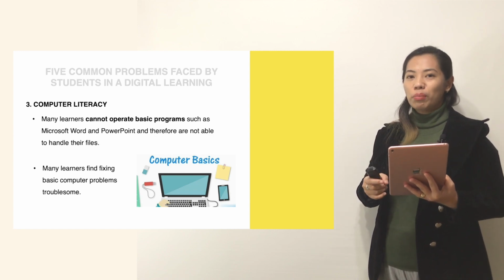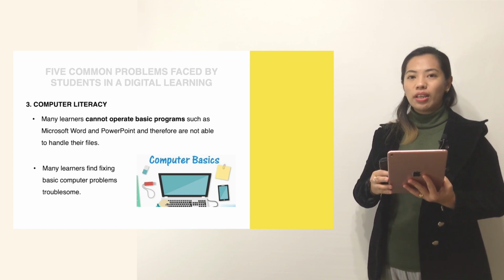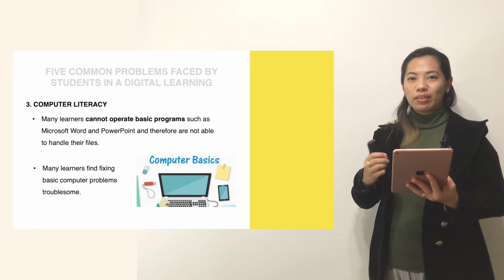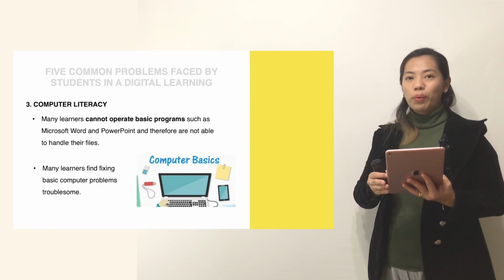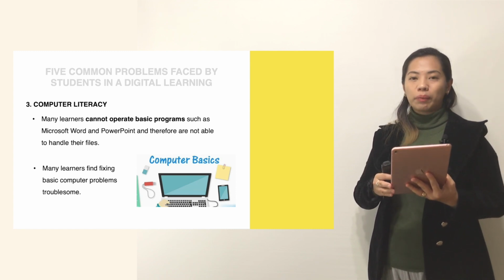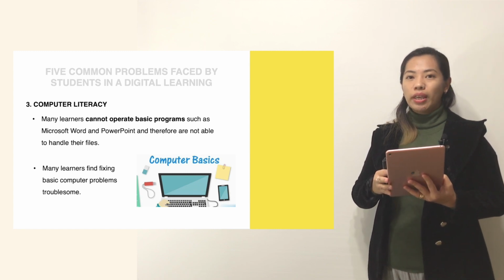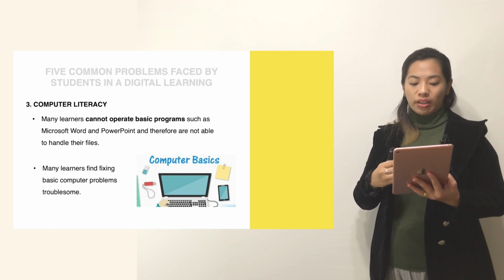So they are very much dependent on the adults around them. Without the adults around them, it's not even easy for them to download and open something. Okay, so this kind of computer literacy is very important when it comes to digital learning. Without this literacy, it will make them lag behind when it comes to learning digitally.